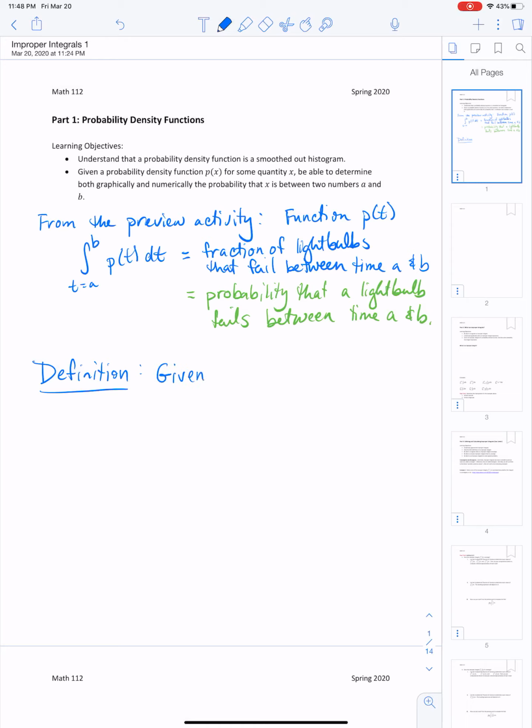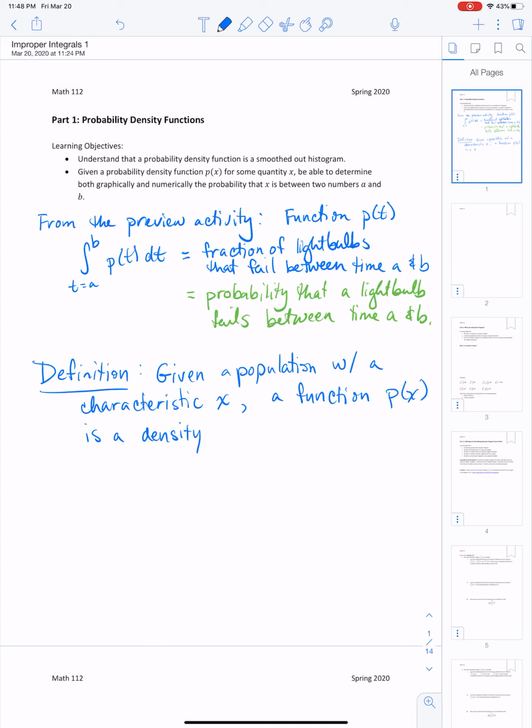If we are given a population with some characteristic x, then a function p of x is a density function for x if the following three properties hold.